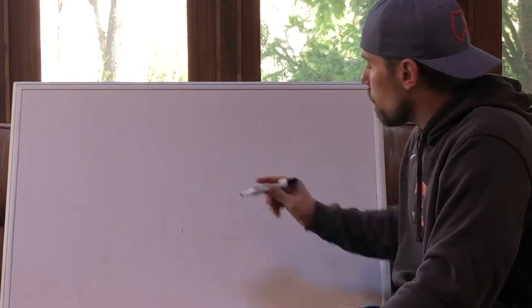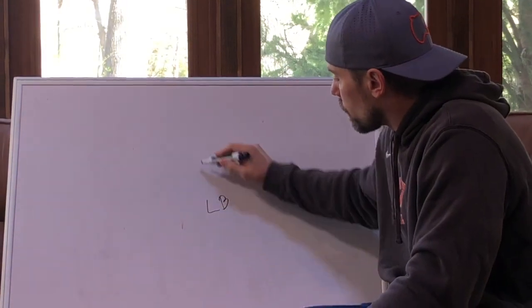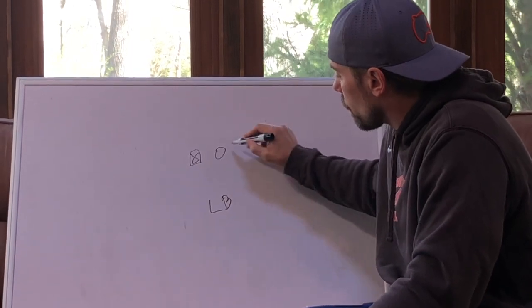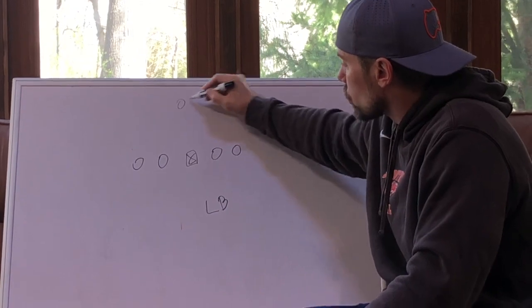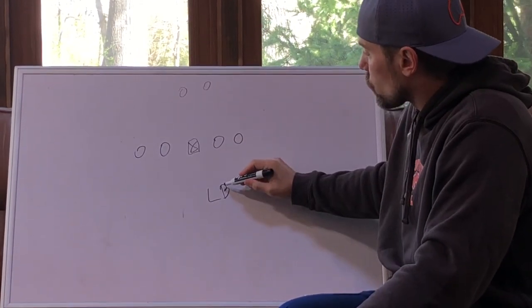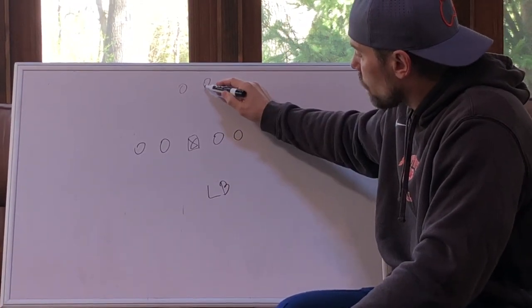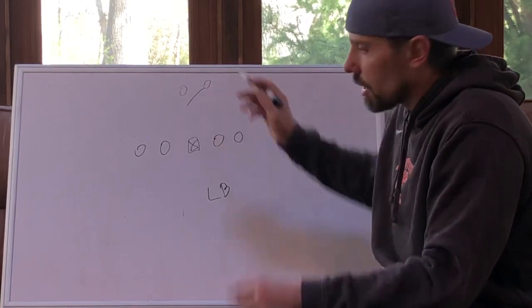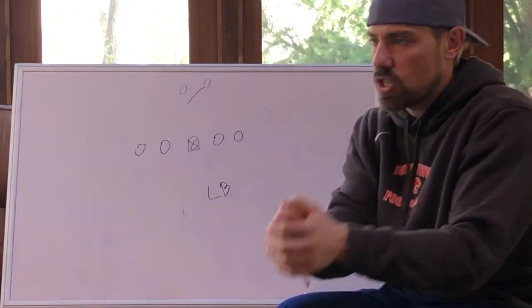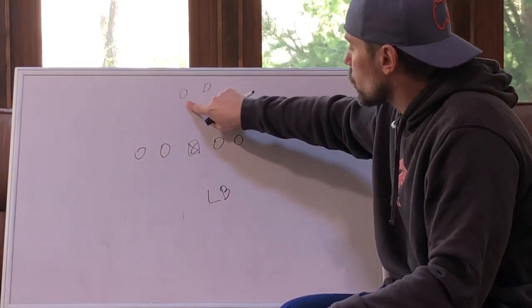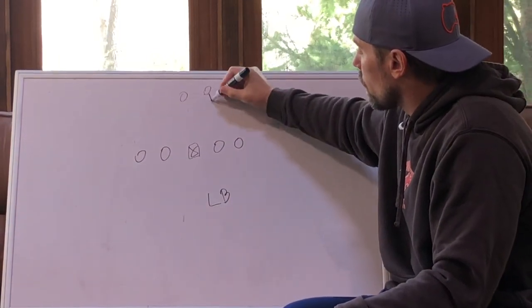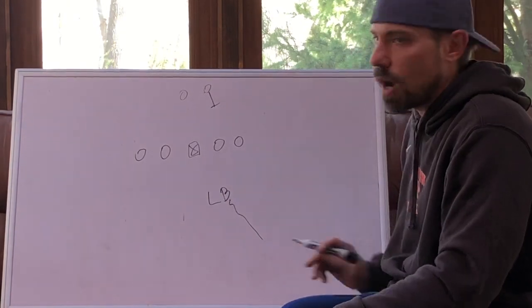Linebackers, their keys may be, so a linebacker may be here. His key's the near back, and that could be a shotgun near back. Most linebackers are going to work near back first. Near back to, hey, is there mesh? Meaning, is the quarterback meshing with the running back? That's going to give run action. If there's no mesh, and we get this, that tells him hit his pass drop.